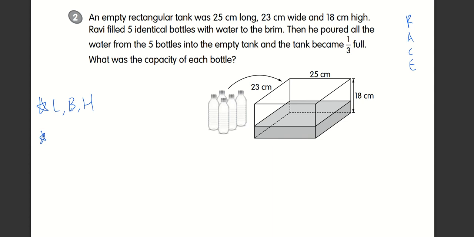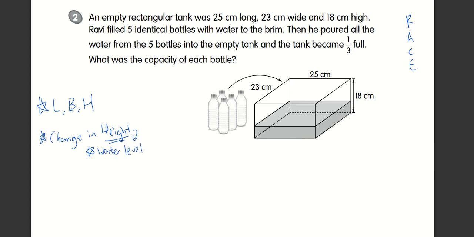So the key idea in solving questions as such has got to do with change in height. And when we talk about change in height, it refers to water level. That's what we are talking about.